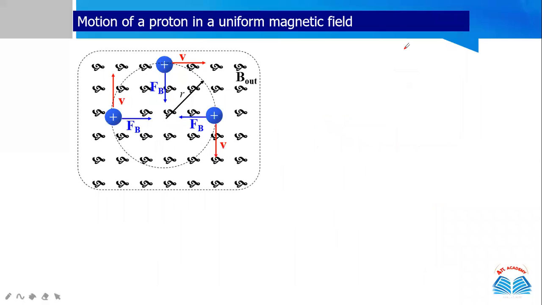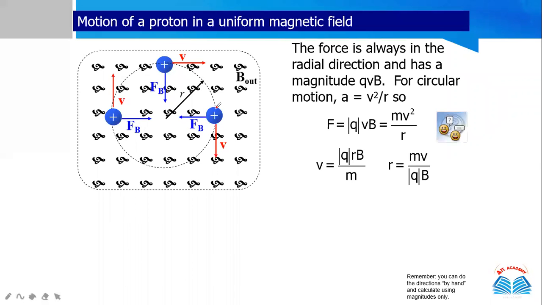Moving ahead. Now, in the last section, we discussed electrons. What about protons? What will be the motion of a proton in a uniform magnetic field? Now, I have changed the picture. I have put some protons here, some positive charges, instead of electrons. So what will happen?